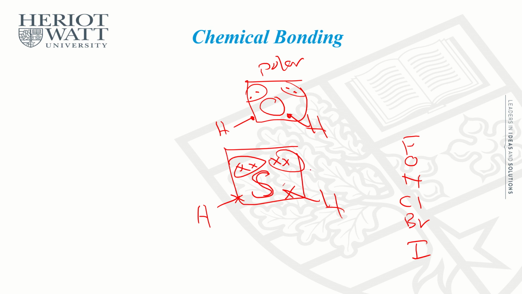Okay, so this is a polar molecule as well. All right, so you need to check whether they have F, O, N, Cl, Br, I. Second, you have to check whether there's a lone pair there. Third, you have to check whether the molecules are symmetrical or asymmetrical.